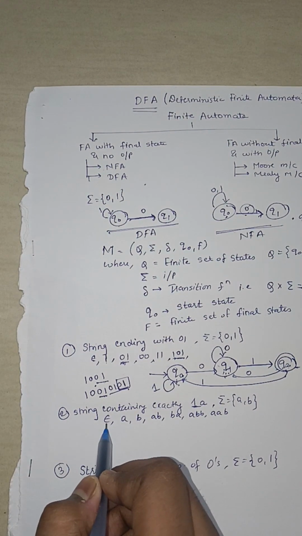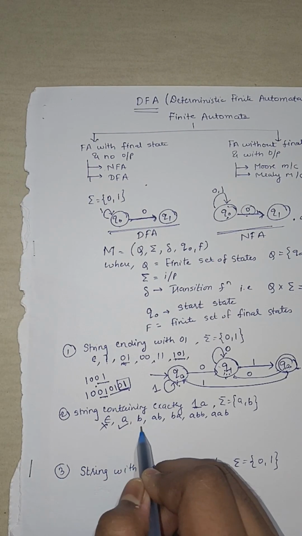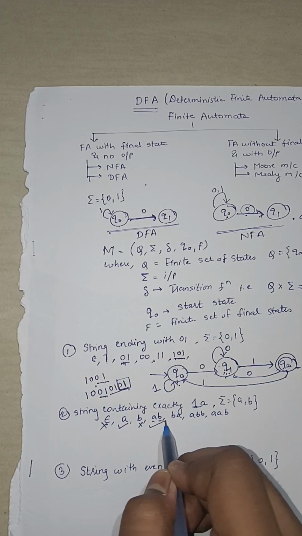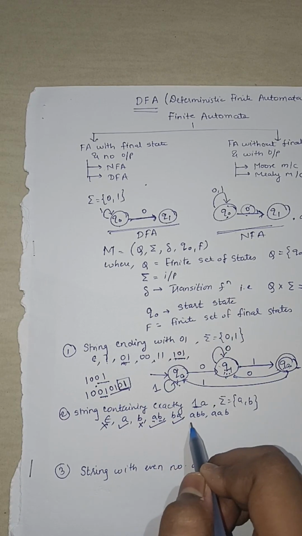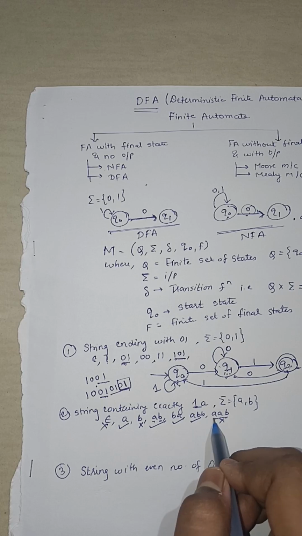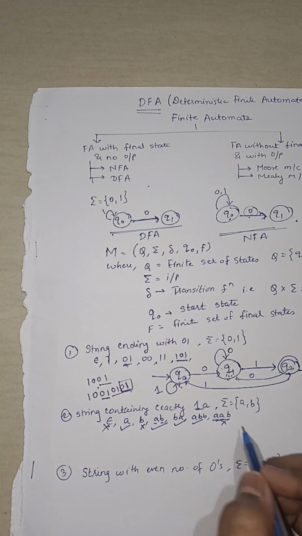It is null, so it is rejecting. Yes, this will accept, this will also reject. Yes, there is no problem, but there is only one A, it will accept, it will also accept, it will also accept, but this will not accept, it will reject it, because there are two A's, but I want exactly one A, that's why it will reject.